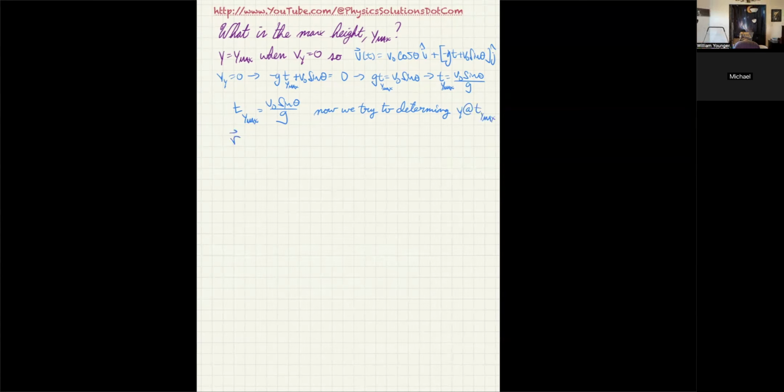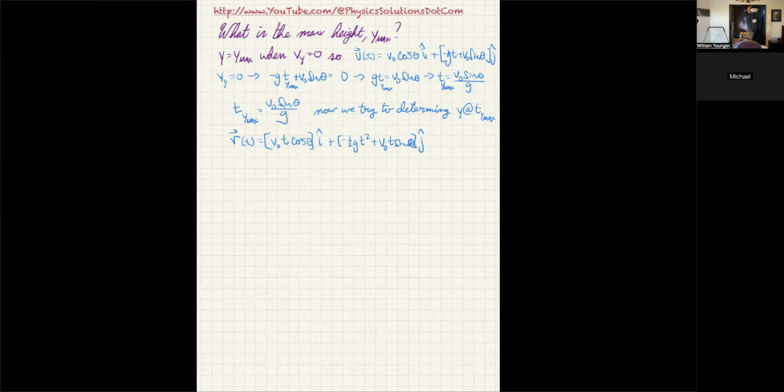Well, r of t is equal to v0t cosine theta i hat plus negative 1 half gt squared plus v0t sine theta, like that, j hat.